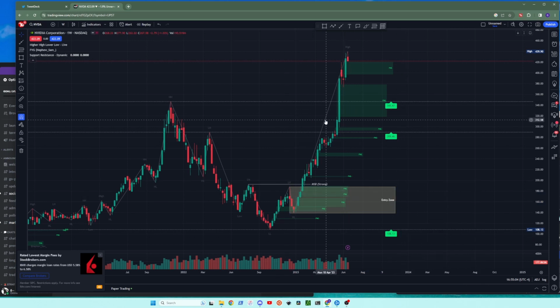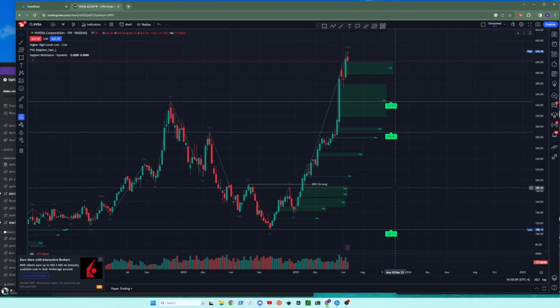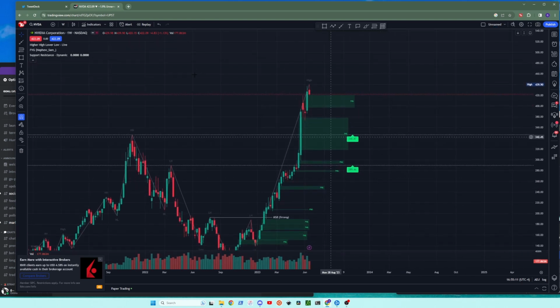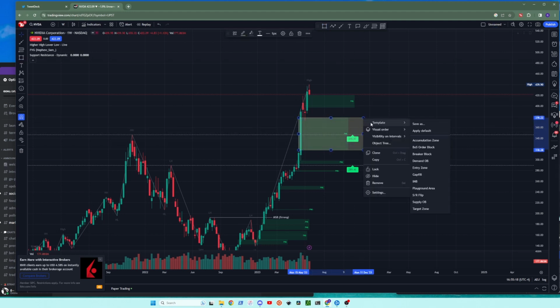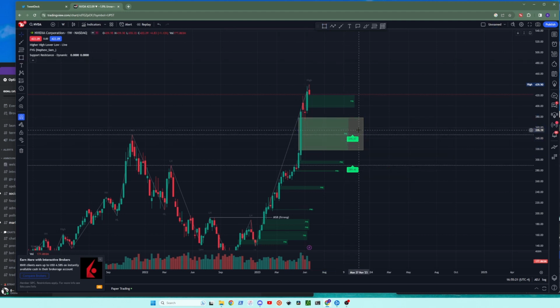But with this massive, ridiculous move up, if it comes down there, then I think the world's coming to an end. But you do have the fair value gaps, the imbalances on the weekly here. So what I would like to see with Nvidia is a move down here, where we dropped a little bit, shows some support, and then we continue to skyrocket up.